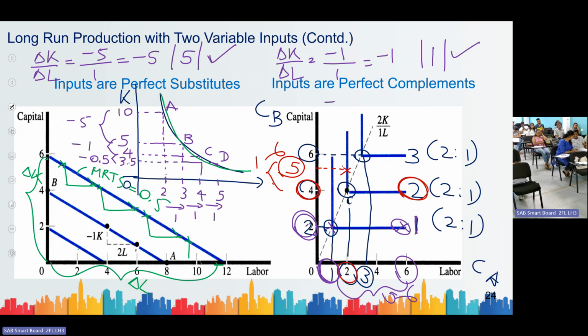They can do it by just combining 2 units of B and 1 unit of A, rather than going for 6 units of A. That is why production will not happen on these horizontal lines as well. Production will not happen on these vertical lines as well. Cost-effective production will happen only at these corner points.